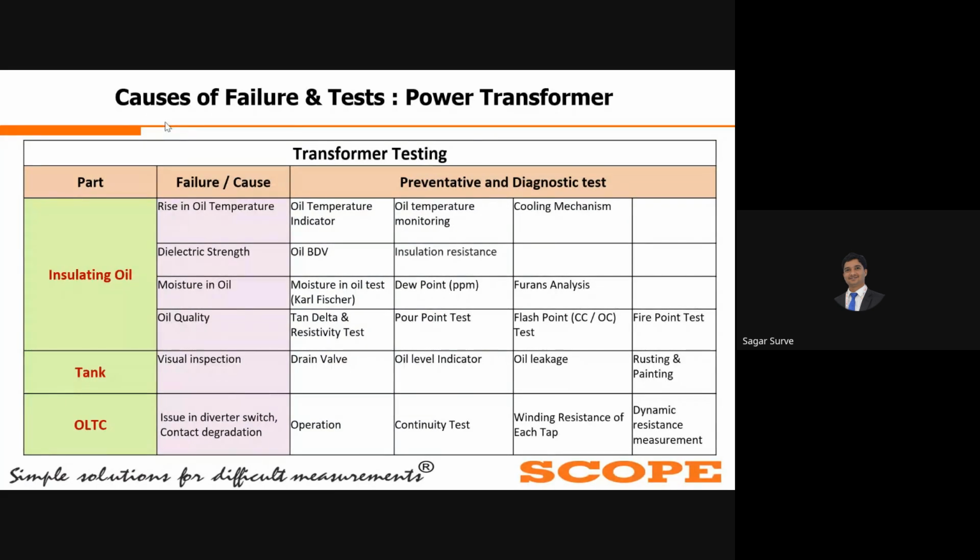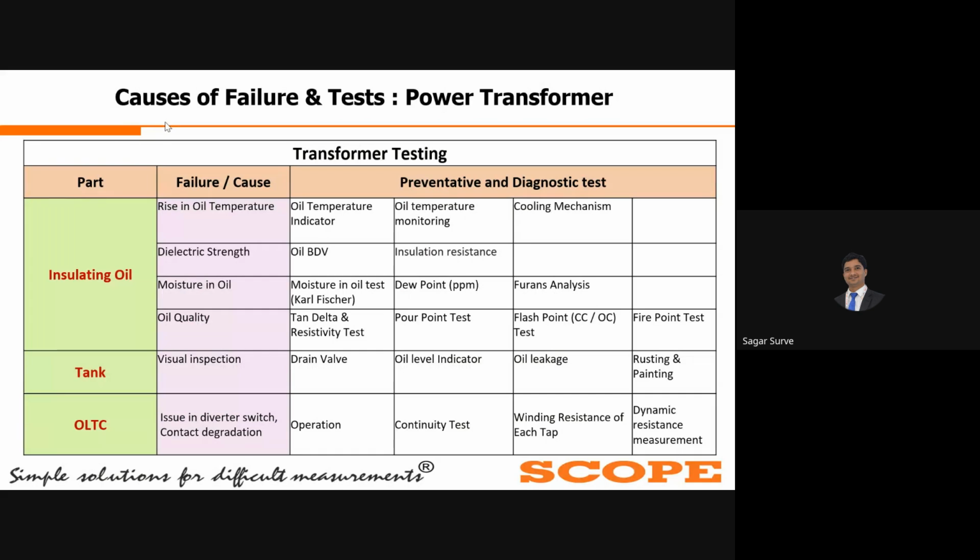That can be observed by conducting the oil BDV test or insulation resistance test, or we can perform the tan delta test on the oil, so that we can observe the moisture or the dielectric strength of the oil. And the Karl Fischer test or dew point test are the tests to observe the moisture in the oil.